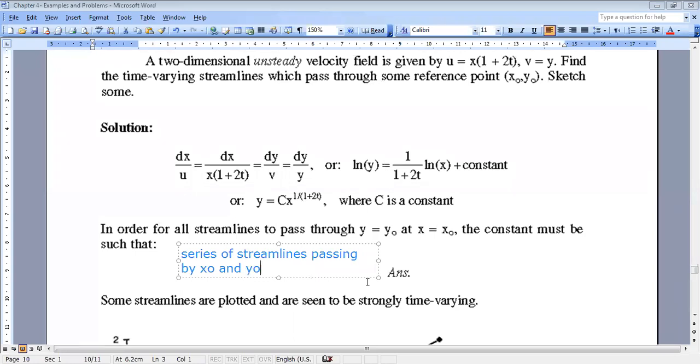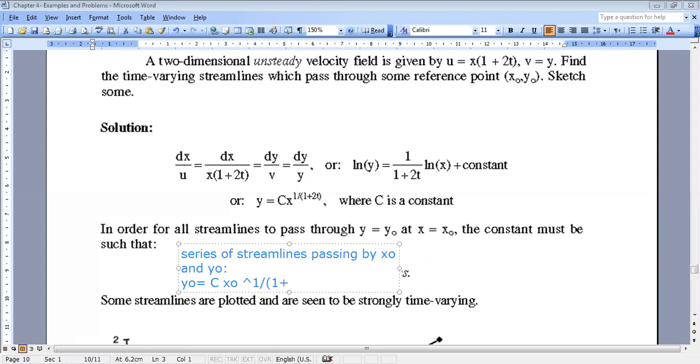So I will replace in this equation, and I get that y0 is equal to c times x0 to the power 1 over 1 plus 2t.